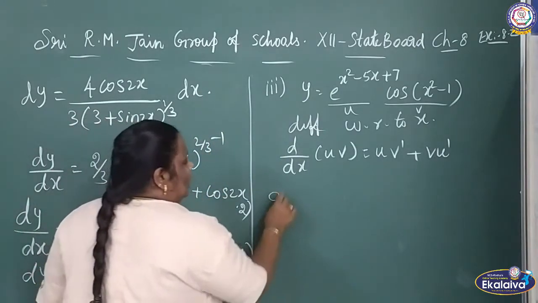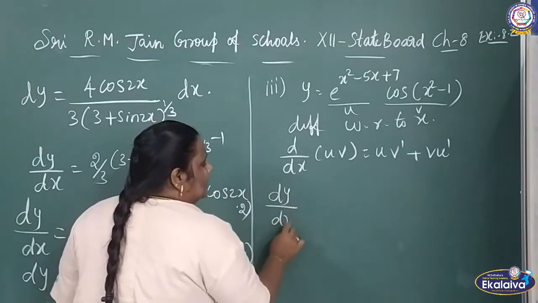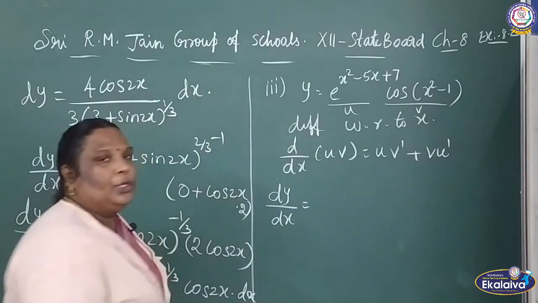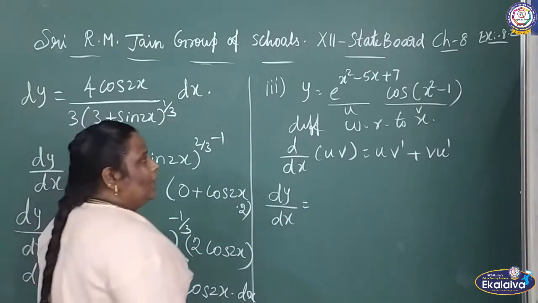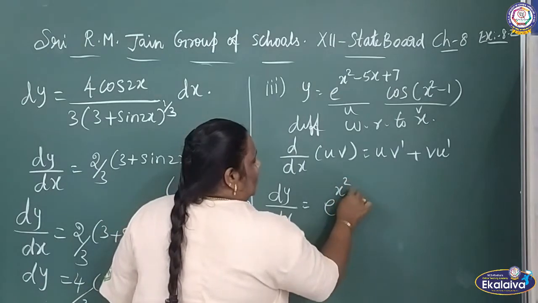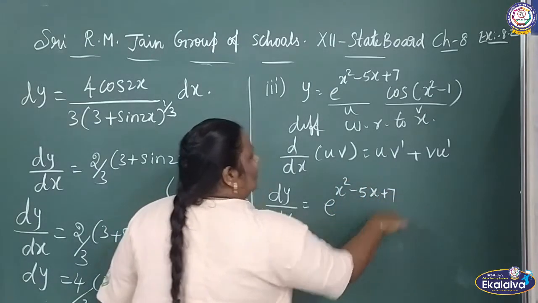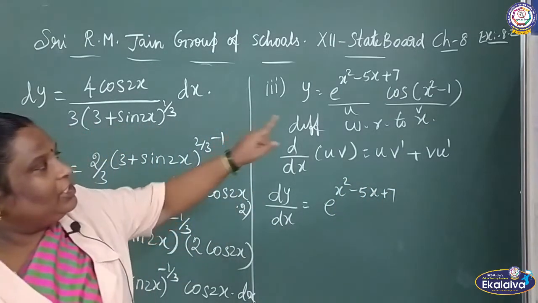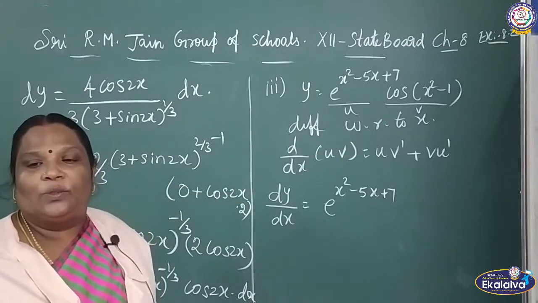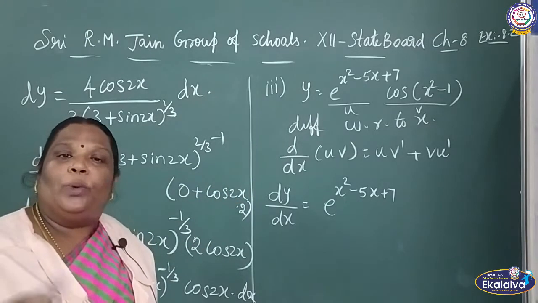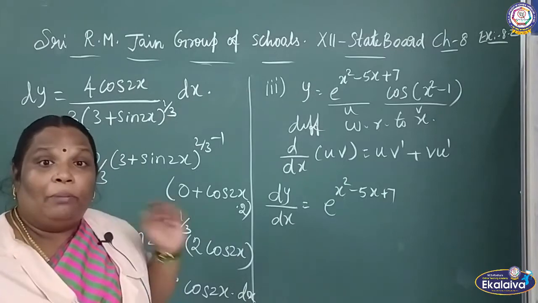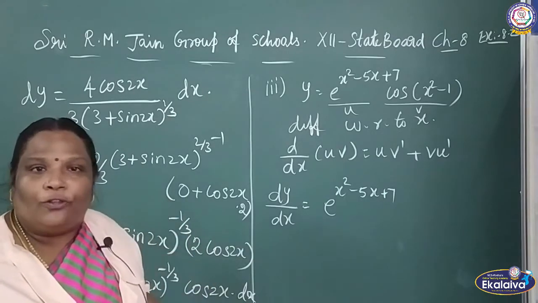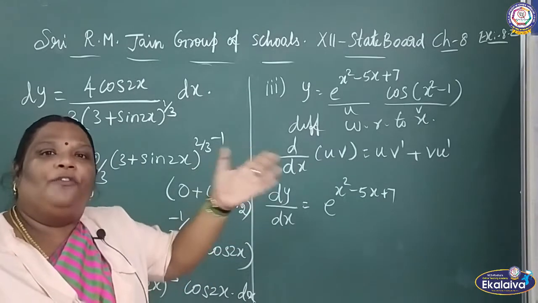So, dy by dx equals u as it is. So, e power (x square minus 5x plus 7) into the differentiation of cos(x square minus 1). If it is cos x you will differentiate to minus sin x. But here there are terms inside: cos of (x square minus 1).